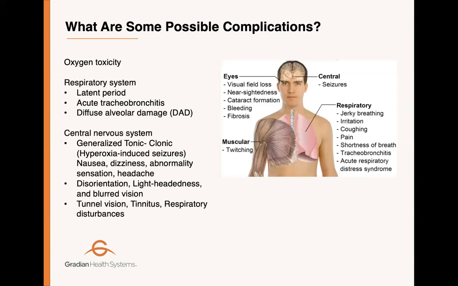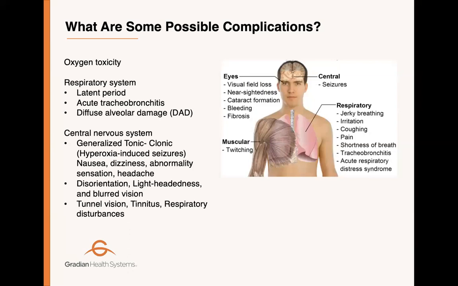In terms of different systems, as you can see on the image on the right side of your screen, you can have respiratory system complications or CNS complications, which can end up as dizziness, headaches or complete disorientation. You can even have visual complications, which can end up as visual field loss, especially experienced by premature babies and neonates.